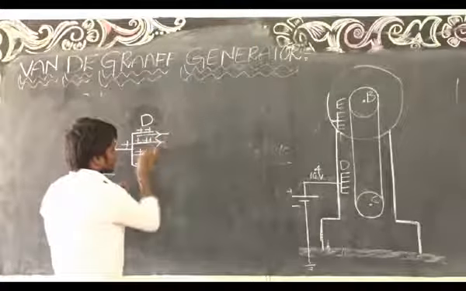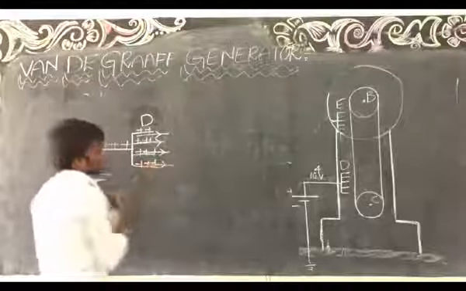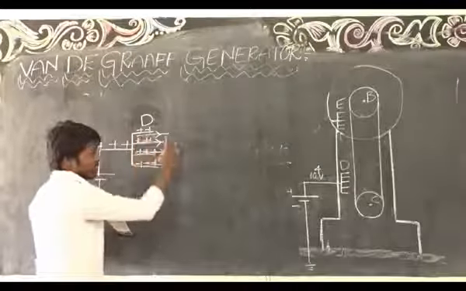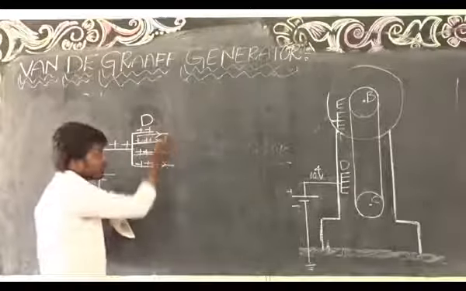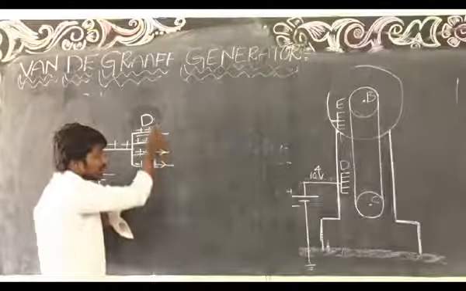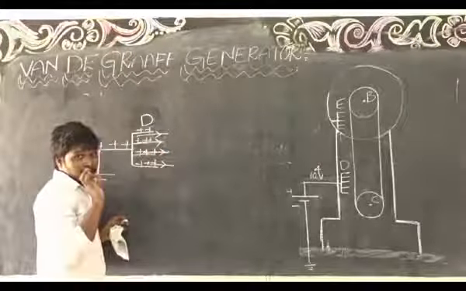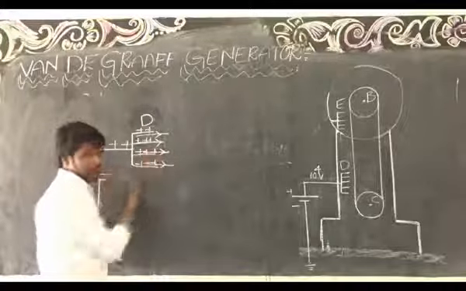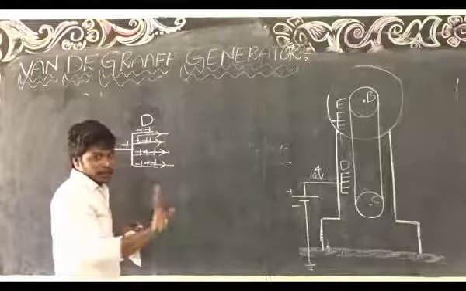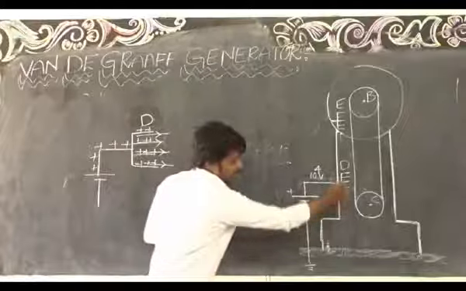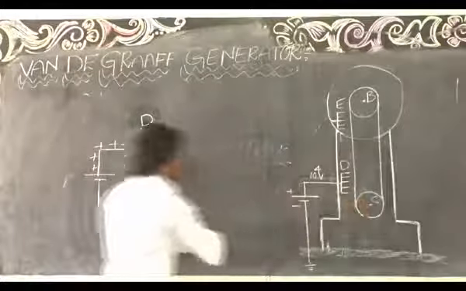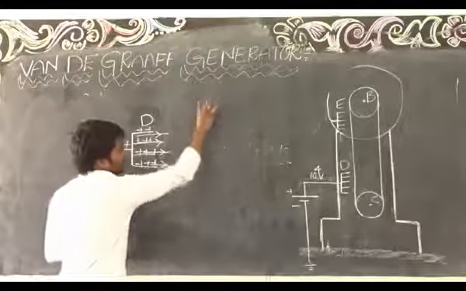Suppose it creates an electric field like this. Now the charge is more, so the electric field is also more, and this electric field will ionize the surrounding air. This is conductor E, and this is the belt.